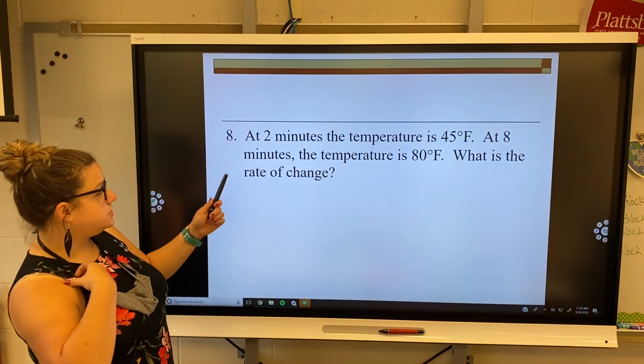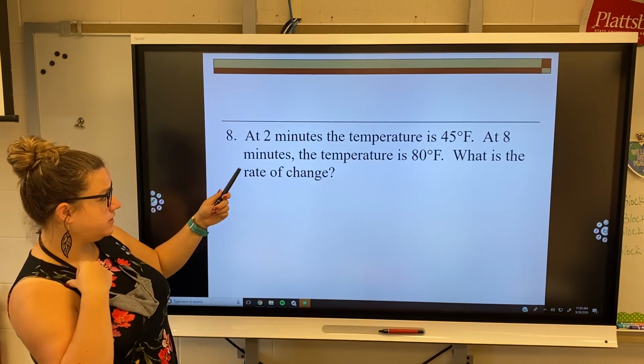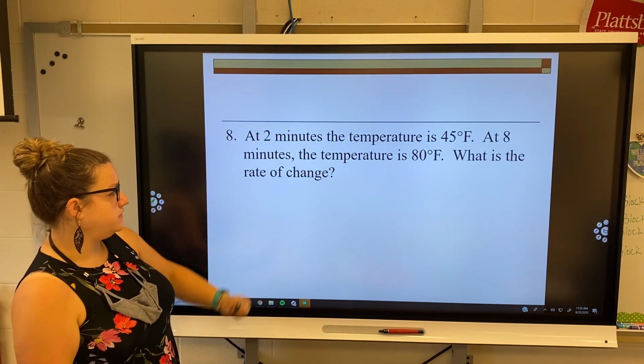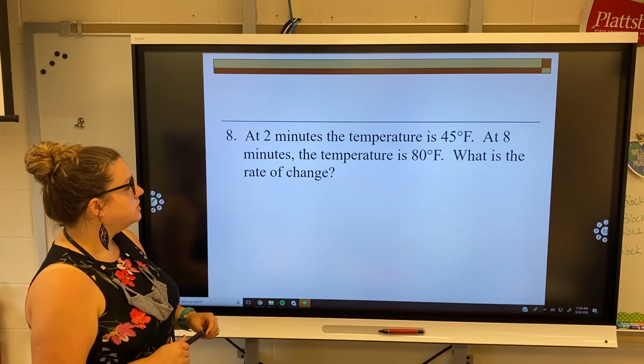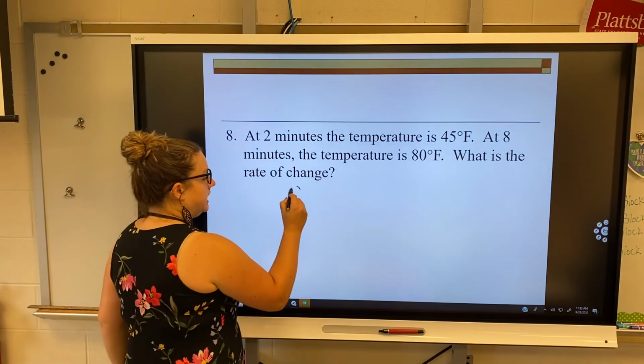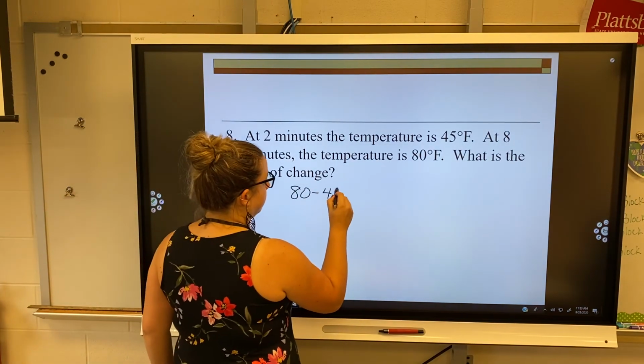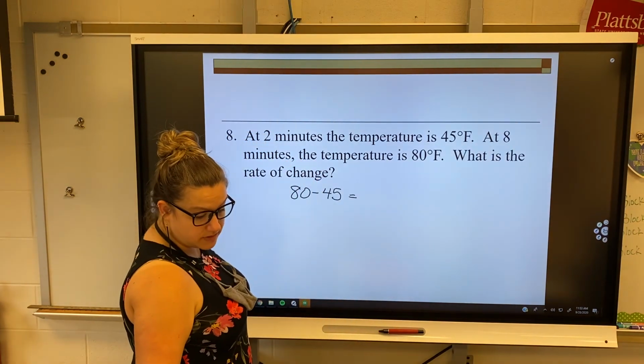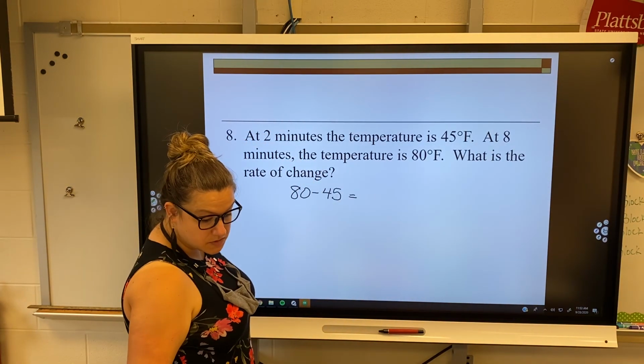So, like at 2 minutes, the temperature is 45 degrees Fahrenheit. And at 8 minutes, the temperature is 80 degrees Fahrenheit. What's the rate of change? Well, you would do 80 minus 45 equals, I told you, I have brain farts sometimes, so I'm going to check it.